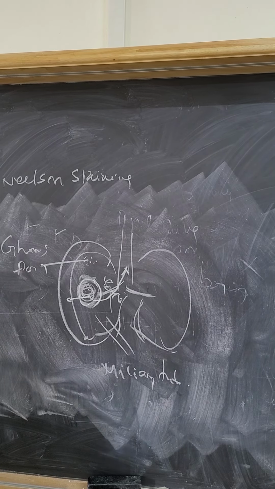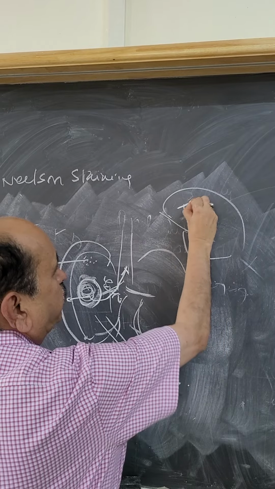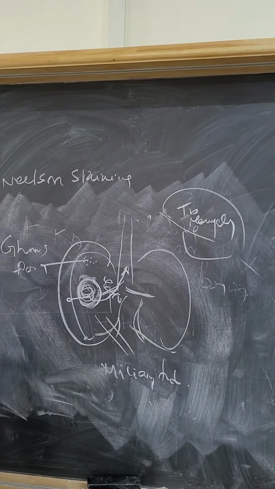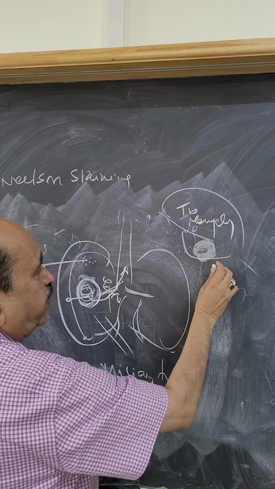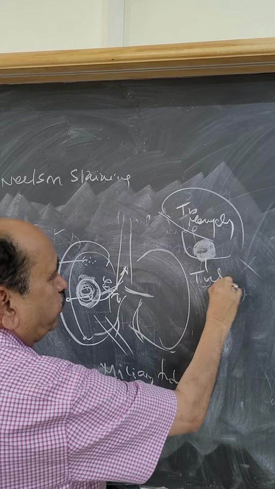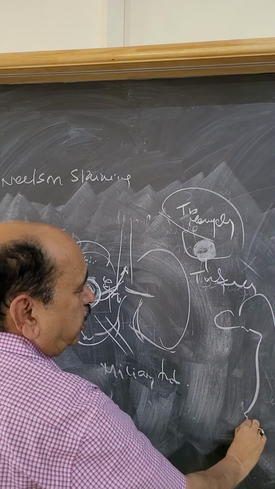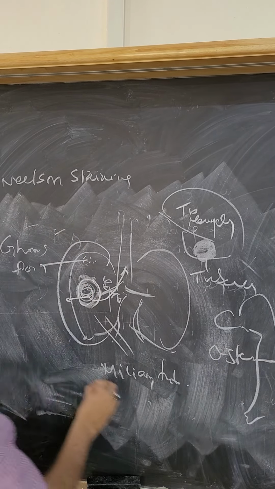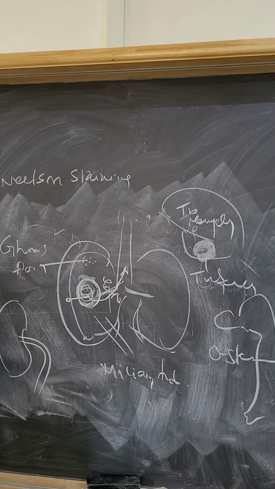Miliary tuberculosis spreads to the brain and gives rise to tuberculous meningitis, and also to a space occupying lesion called tuberculoma. It goes to the bones, causing tuberculous osteomyelitis, and to the kidneys, causing renal tuberculosis.